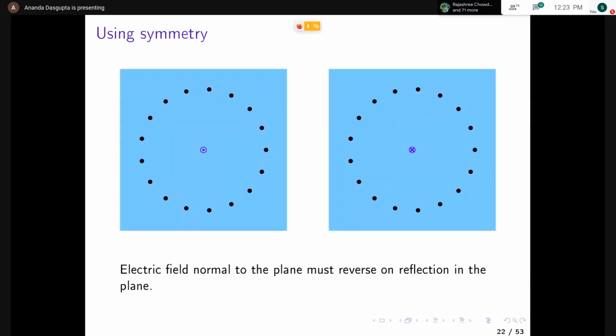So it has to stay the same yet reverse. That would mean that it has to be zero, because the only thing which can reverse and yet stay the same must be zero. So that is our argument. No problems. We have managed to prove something which we all knew. The electric field at the center of a regular polygon with charges at every vertex must be zero.